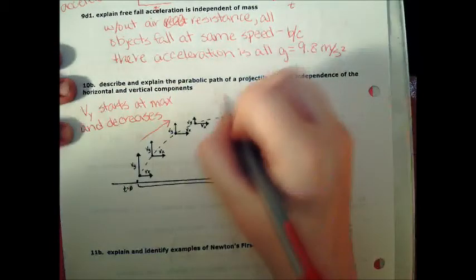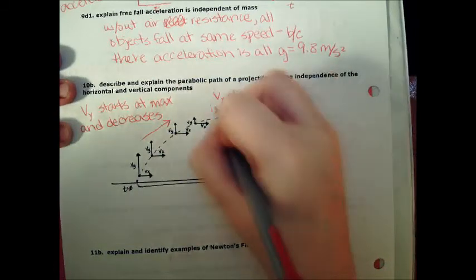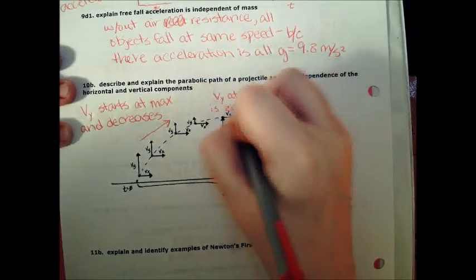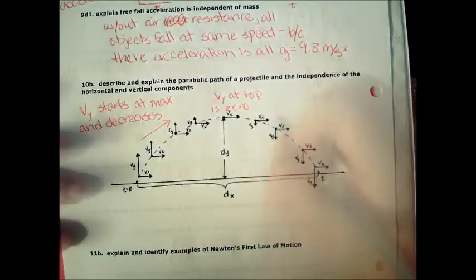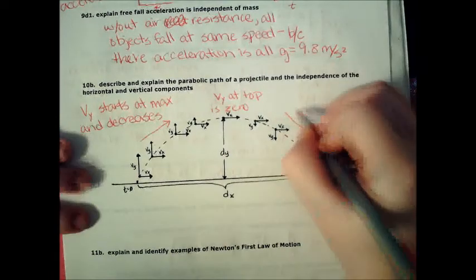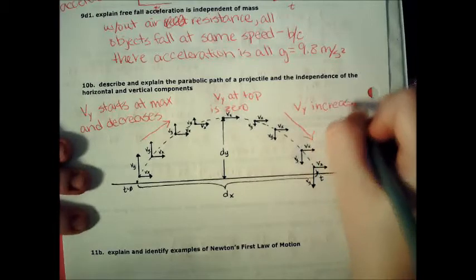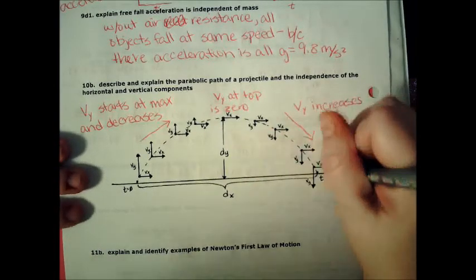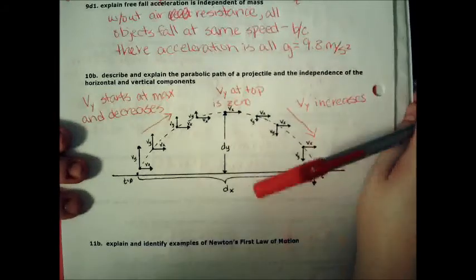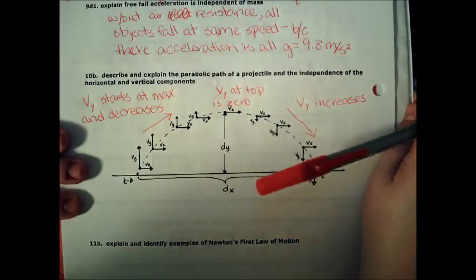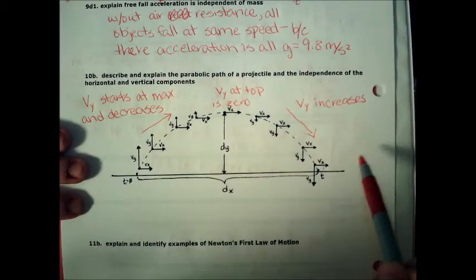At the very top, it's 0. It is not traveling in the vertical direction at that moment. Then it increases again. Technically, it increases as a negative number over here because it has changed directions. Not super important for our purposes. So that's the story with Vy.